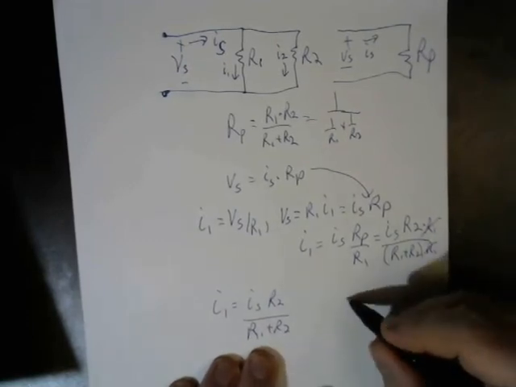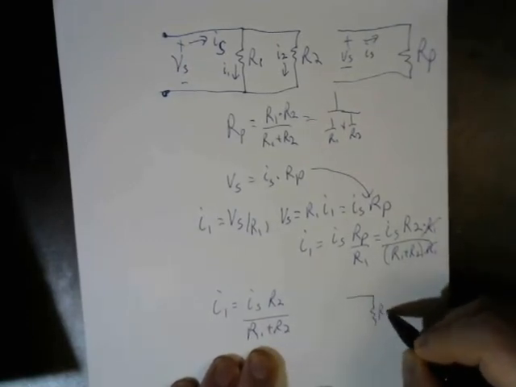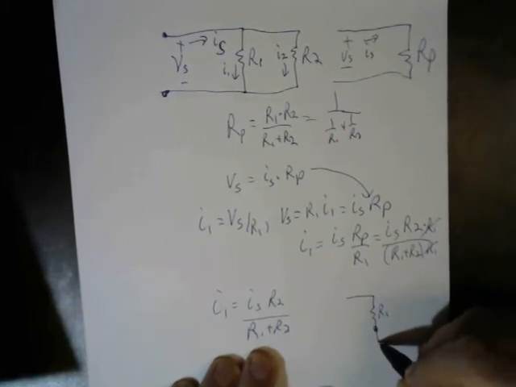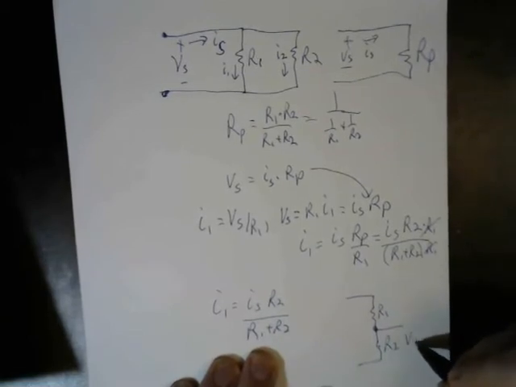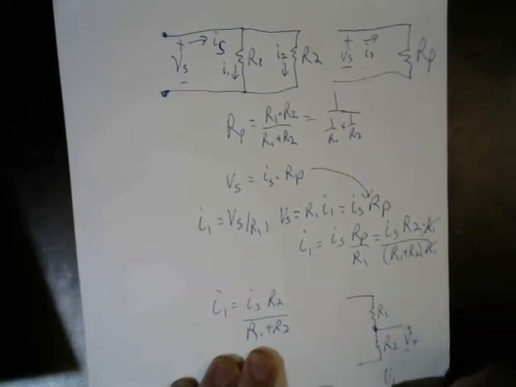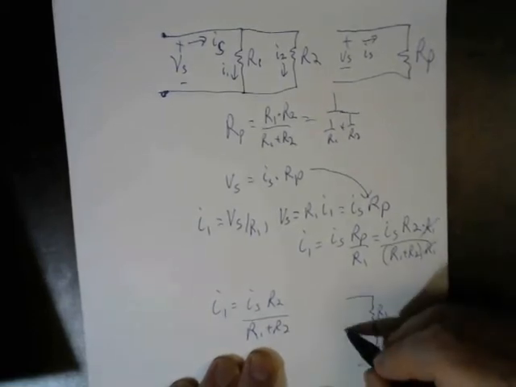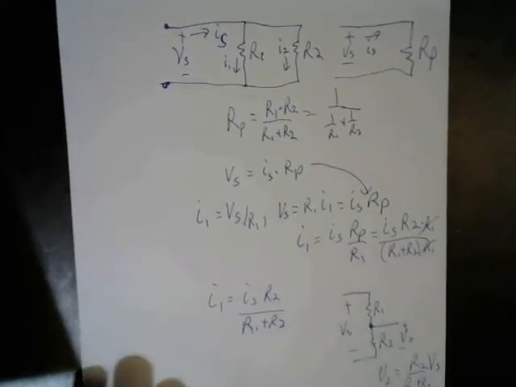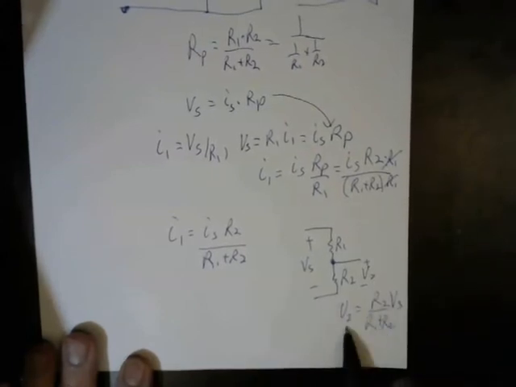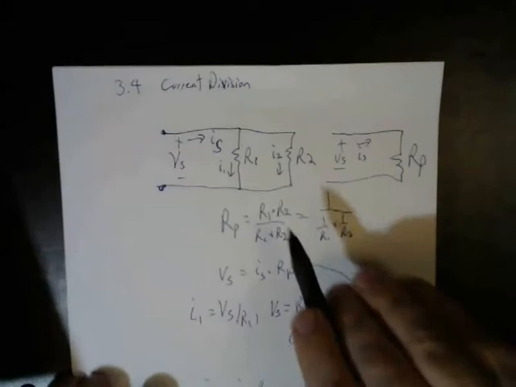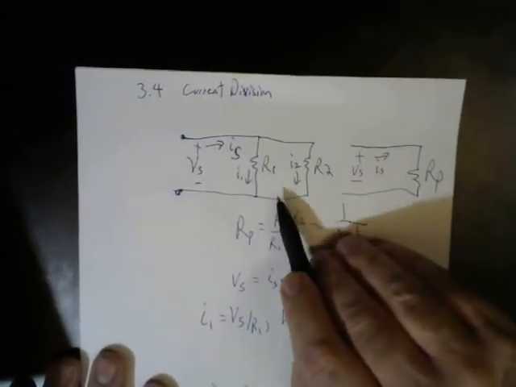You might recall that in the voltage divider equation, we were looking for voltage and not current, but V2 was equal to R2 over R1 plus R2 times Vs. That's called the voltage divider, and it works with series resistors. And the voltage I'm looking for is the voltage across R2, but the current I'm looking for is the current through R1.